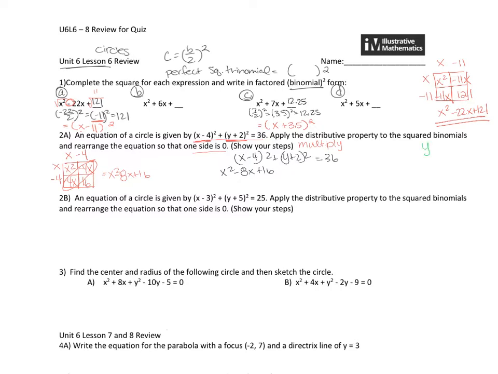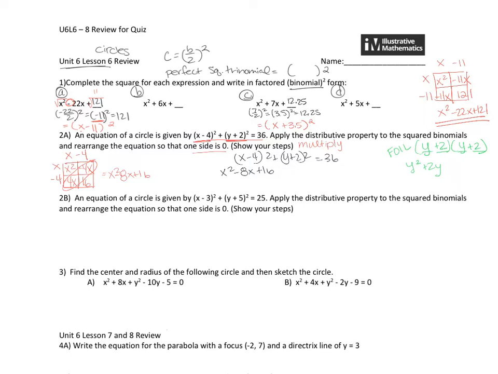So again, out to the side, I have y plus 2 times y plus 2. This time I'll use FOIL for my students that are using FOIL, but box and FOIL will get me the same answer. So if I did FOIL, FOIL stands for first, outer, inner, last. So my first two terms is y times y, or y squared. My inner terms are 2 times y, or 2y.